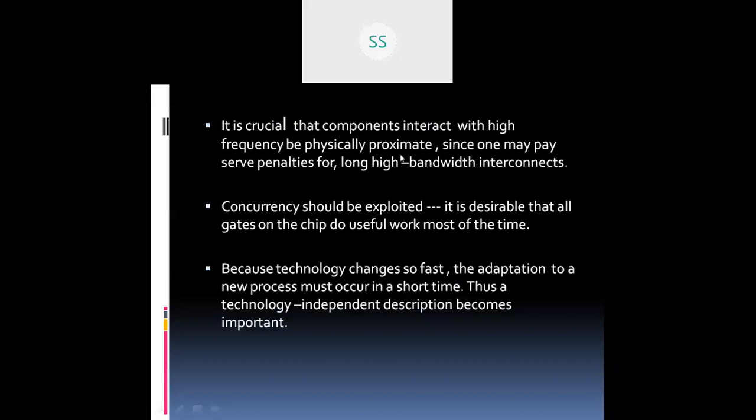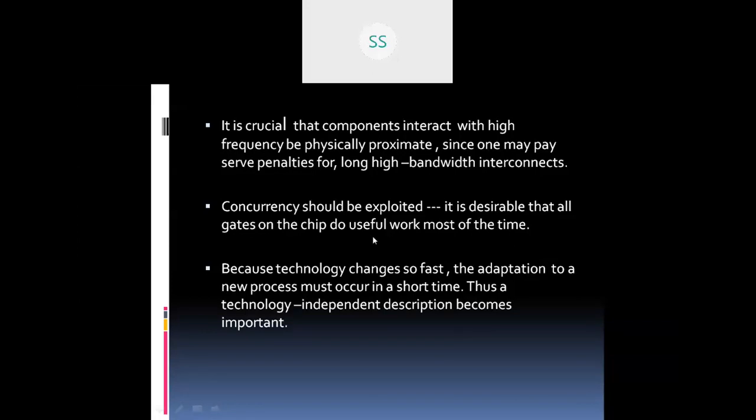It is very important to see that two modules which have a very high frequency of interaction between them should be placed closer together, that is, physically proximate. That particular placing of the sub modules plays an important role.